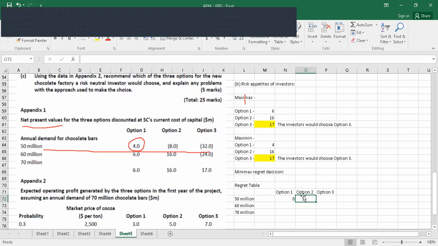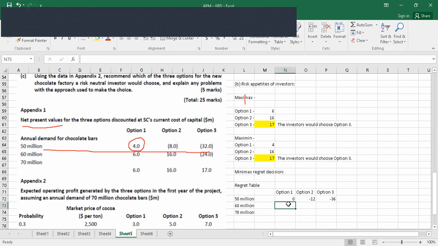So here it would be -8. They are also foregoing -4. Okay, so that's their regret. Here in this case, it is -32, and they would have earned a benefit of 4, and now that is also foregone. So their total opportunity cost is -36.